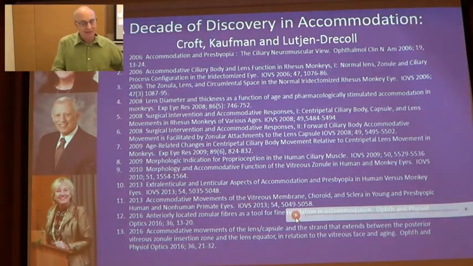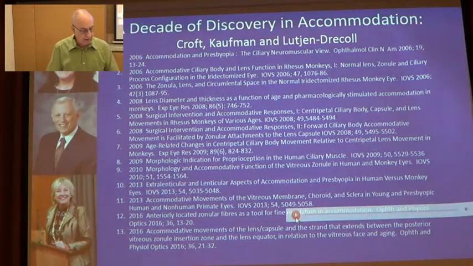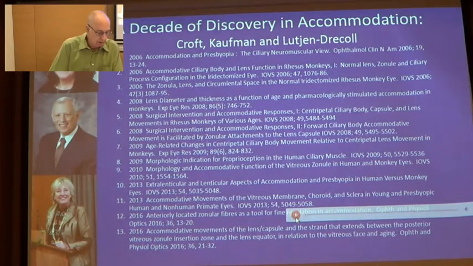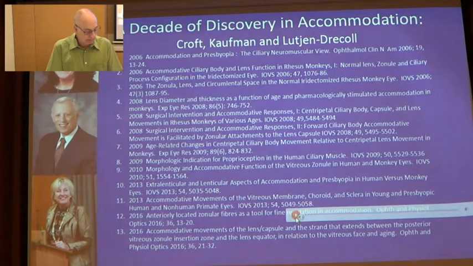Over the past several decades, the team, including Kroff, Kaufman, and Lucien Dreckel, have produced a body of work which redefines our understanding of the anatomy and biometry of the accommodative structures, and which is the basis of my model. They deserve special recognition for this advance.